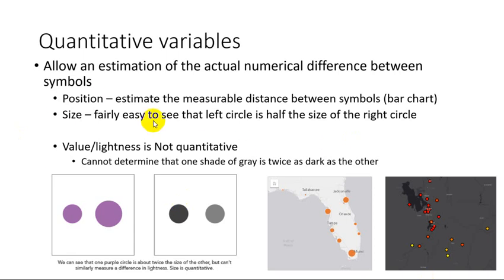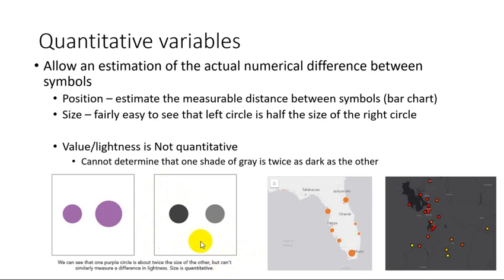I wrote here, fairly easy to see that the left circle is half the size of the right circle. Well, fairly easy. I should put that in quotes. It's really not that easy, and we've talked about perception differences and how humans tend to misrepresent areas of circles like this. But we can discern that this is bigger, and it is probably close to twice as big.